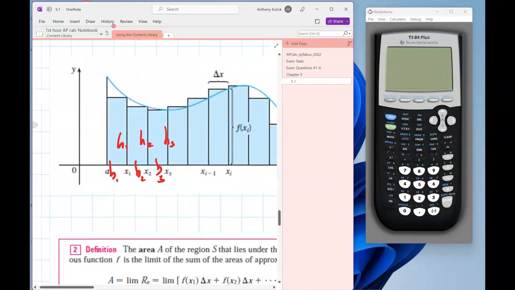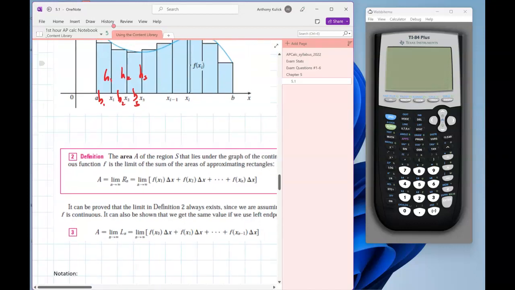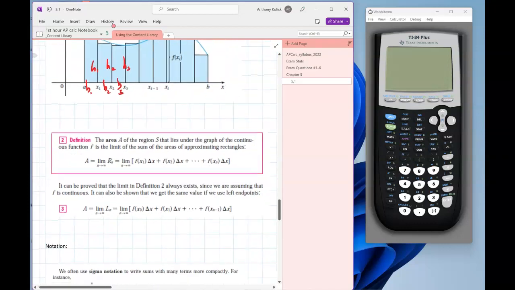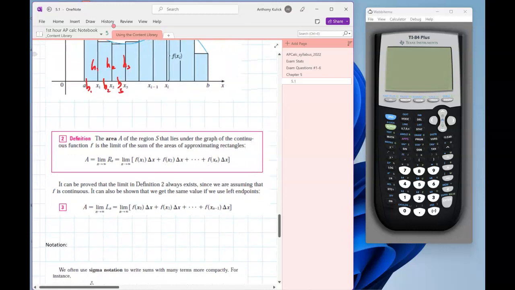And as we remember, the right-hand approximation was an overestimate for x squared. Will it always be an overestimate?